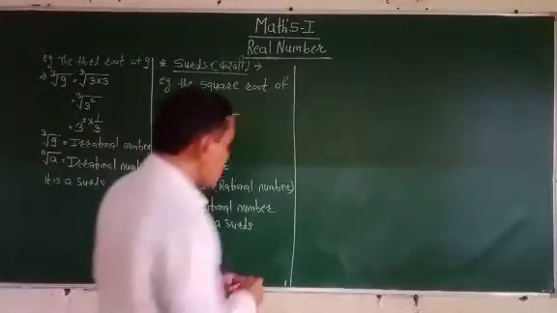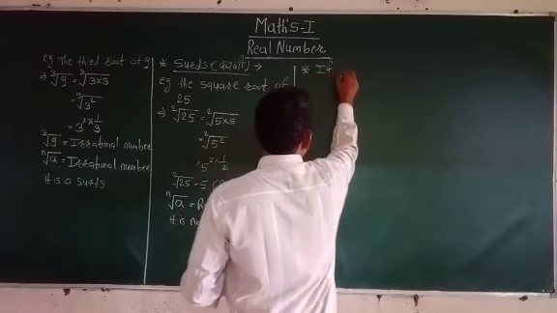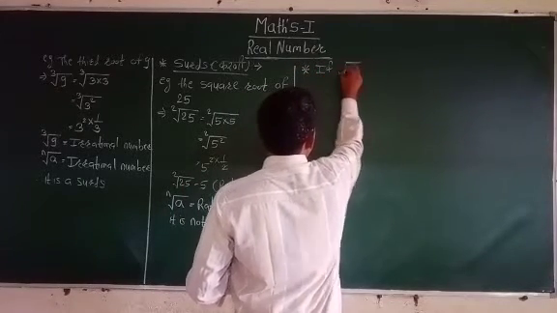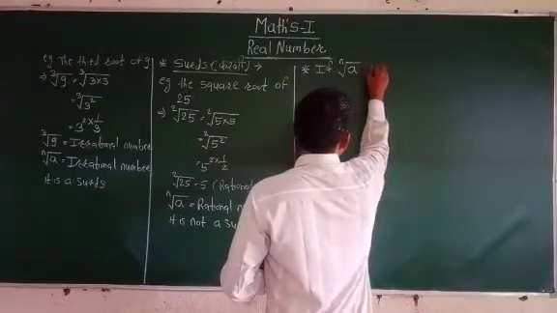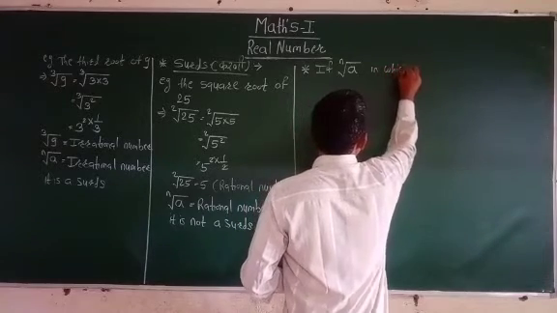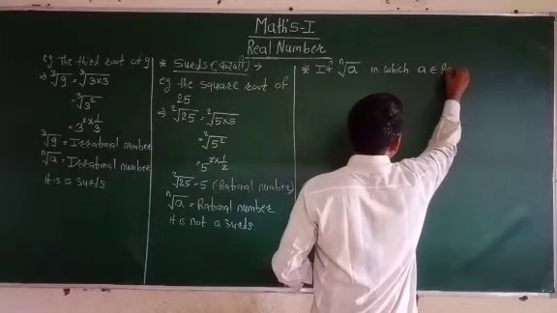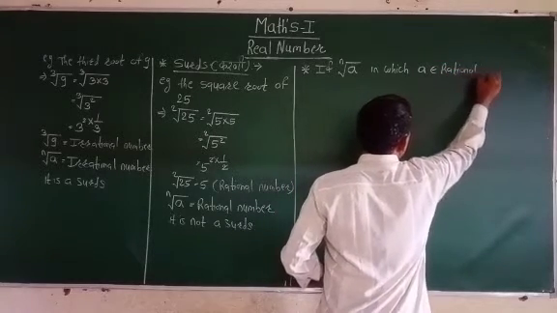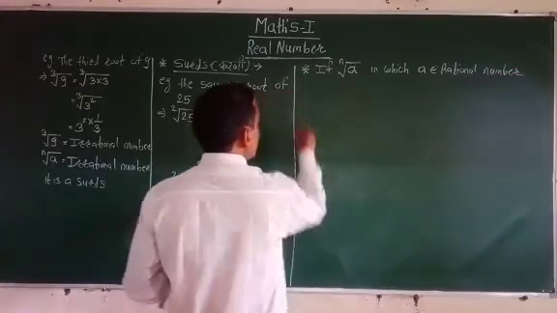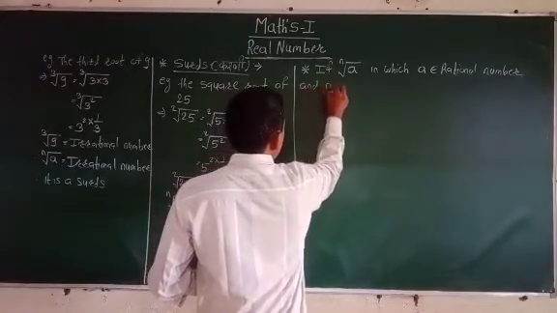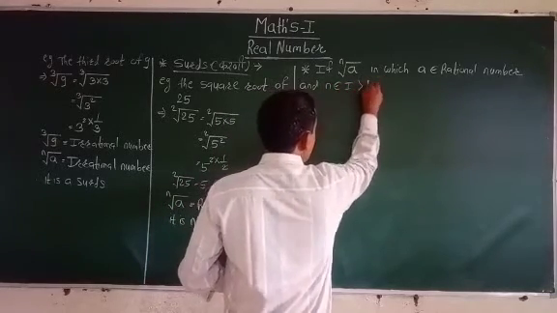What is the actual definition of the surds? If A is the radicand and n is the root, in which A belongs to a rational number, and n belongs to integers which is greater than 1.